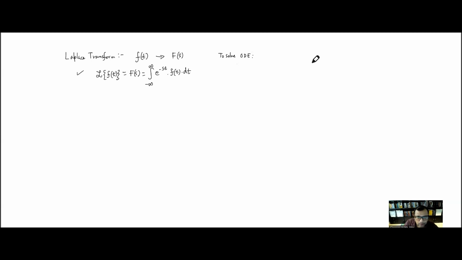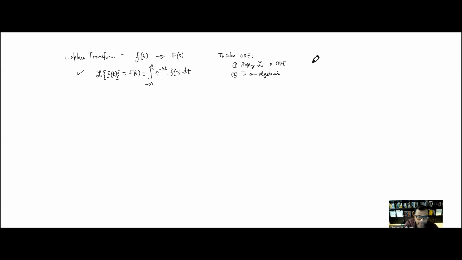But the whole process here is we apply Laplace transform to an ordinary differential equation. What it does is it converts that differential equation, which is difficult to solve, to an algebraic equation. Okay.